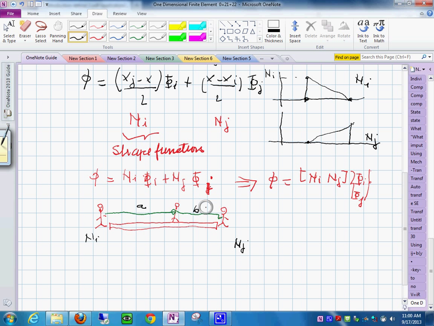I am trying to explain the shape functions using this little example of my own invention: if he pulls him more here, B is going to be the measure of the influence.